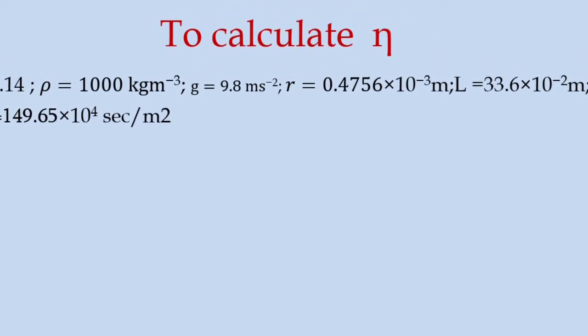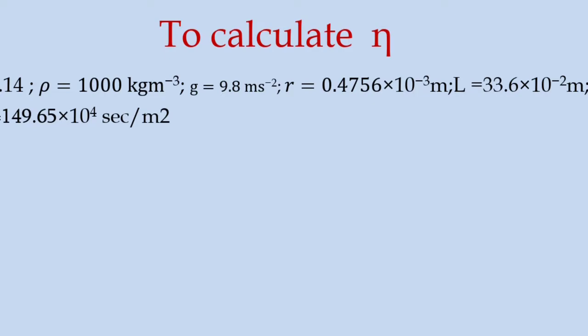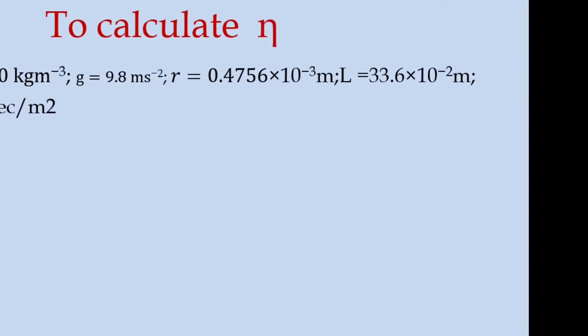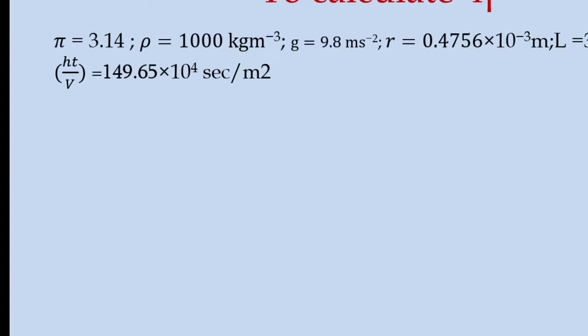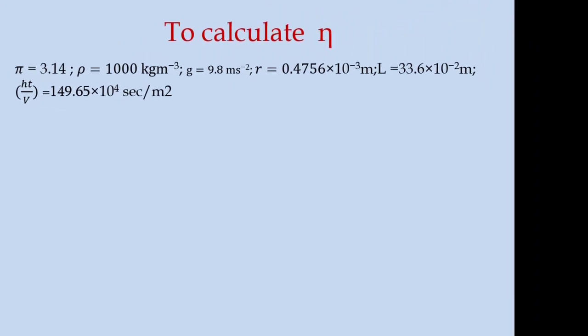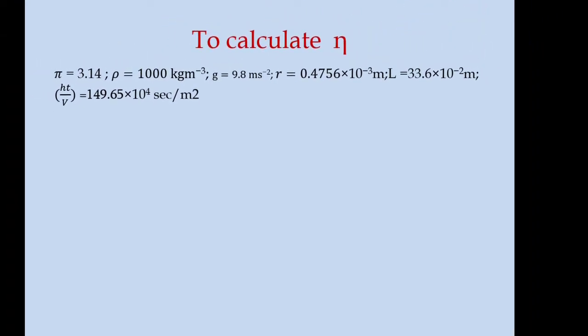R, that is the radius of the capillary bore, 0.4756 into 10 power minus 3 meters. L, 33.6 into 10 power minus 2 meters. And ht by v, from the previous table we got it as 149.65 into 10 power 4 second per meter square.